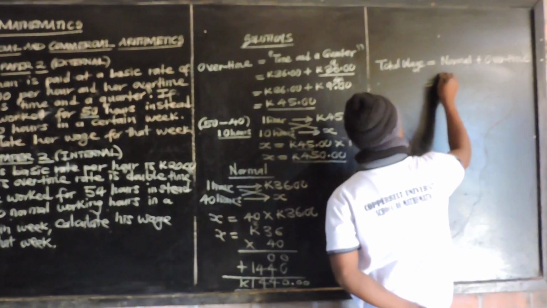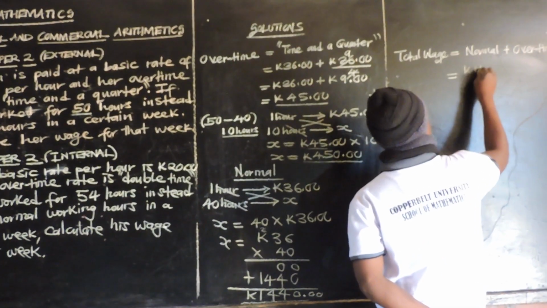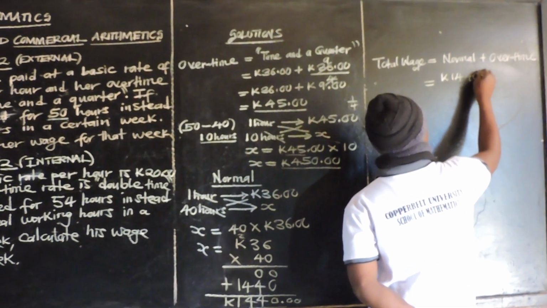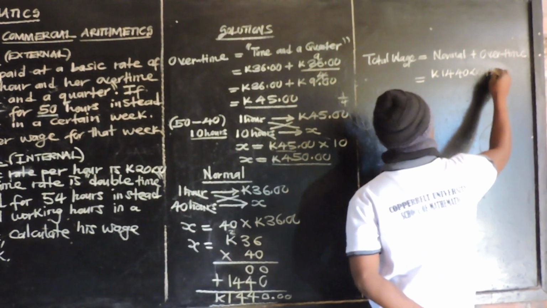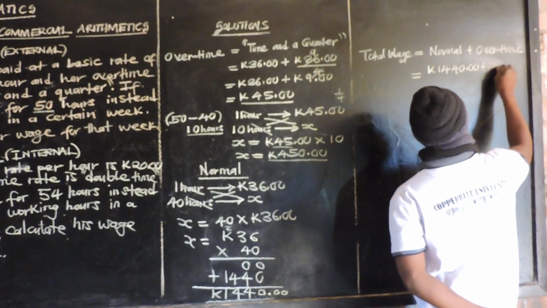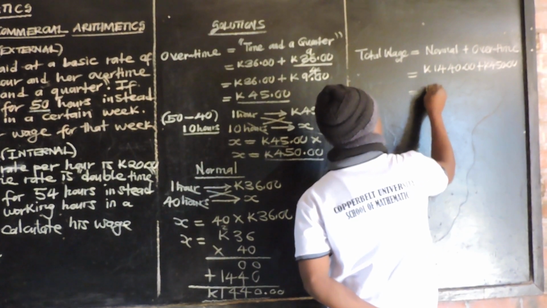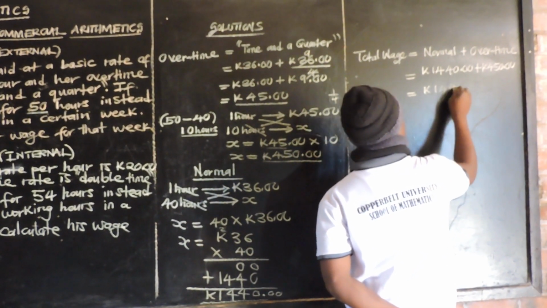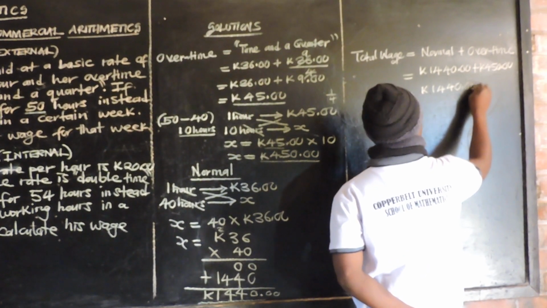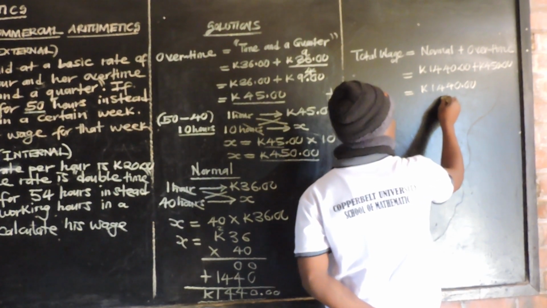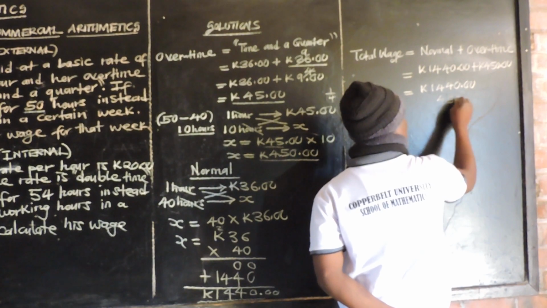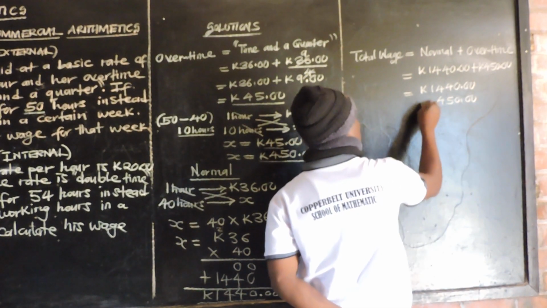Are we together, people? So what is our norm? Our norm is 1,440 plus our overtime, which is what, people? 450 kwacha. So adding this, we are going to have 1,440 plus 450 kwacha. Are we together, people?